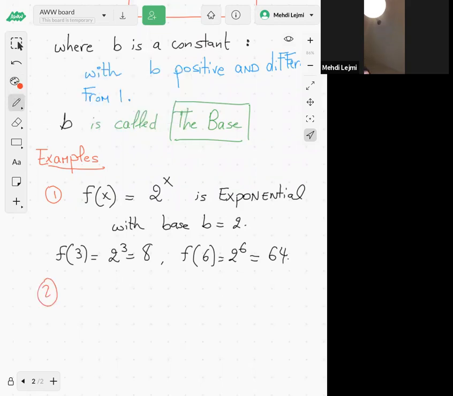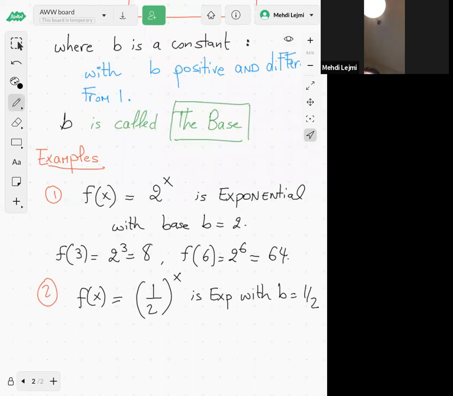Another example of an exponential function. This base b could be a fraction, right? For example, half to the power x. This is also an exponential, with base b equal to half.